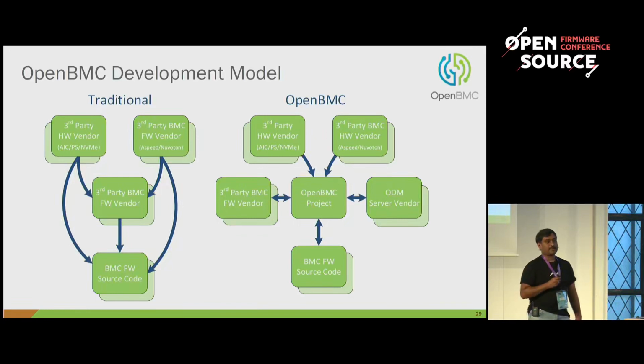Whereas with OpenBMC, we would like to create that kind of ecosystem where all the people come together: the BMC vendors, hardware vendors, the ODMs, and even x86 or Power 9 vendors, be part of this OpenBMC system and support all types of hardware that is possible.